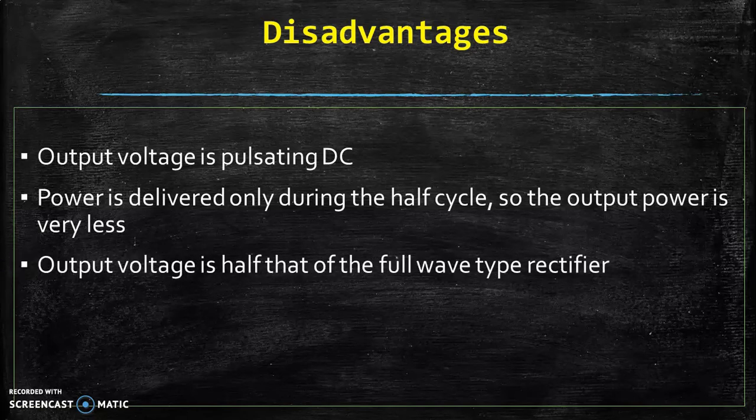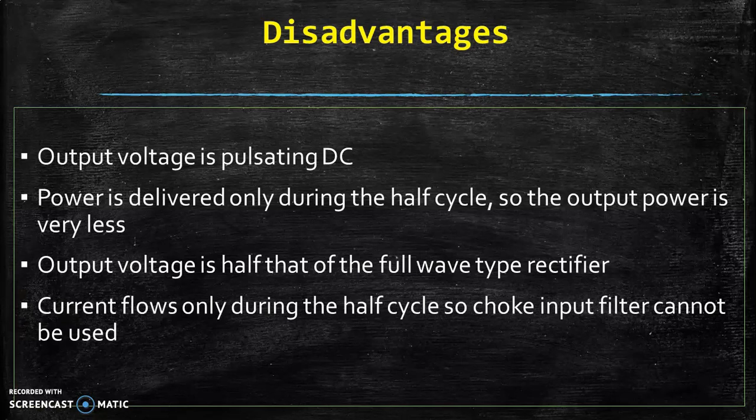Output voltage is half that of the full wave rectifier. In case of full wave rectifier, during positive as well as during negative half cycle, conduction takes place. So in half wave rectifier, the output voltage is half that of the full wave rectifier. Current flows only during the half cycle, so a chopped input filter cannot be used.